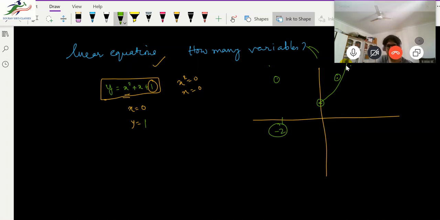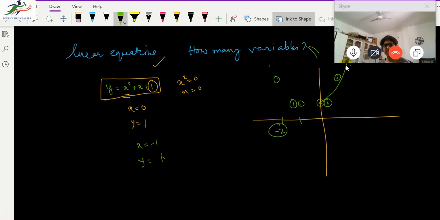Go with increment of 1. So if x is equal to -1, what is the value of y? 1. So this was y1 at x equal to 0, and at x equal to minus 1, this comes back to 1, right?